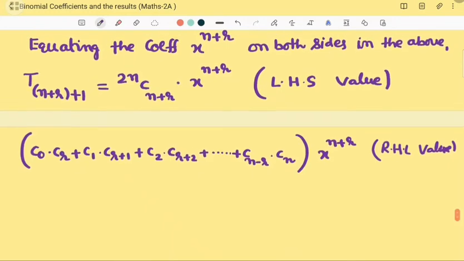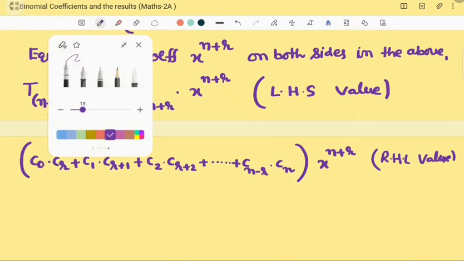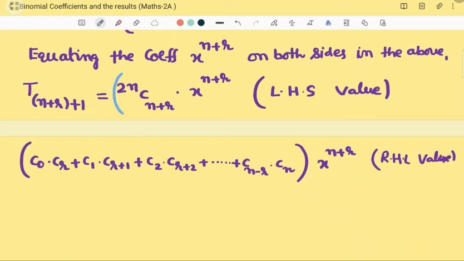So equating the coefficient of x^(n+r) on both sides. Here the x^(n+r) coefficient is this bracket value. This is the coefficient of x^(n+r). These bracket values which I denoted with blue brackets, these we are equating. I hope everyone understands.